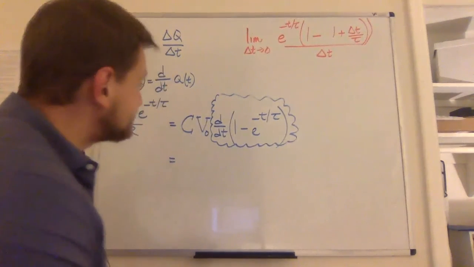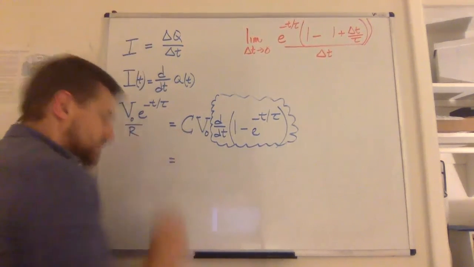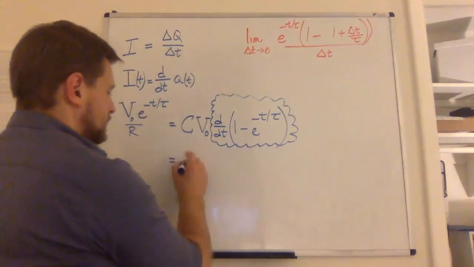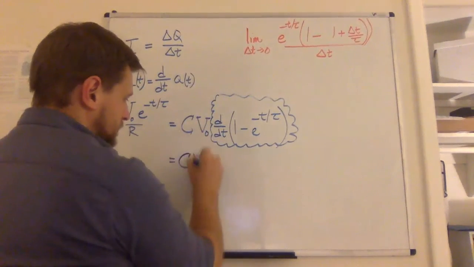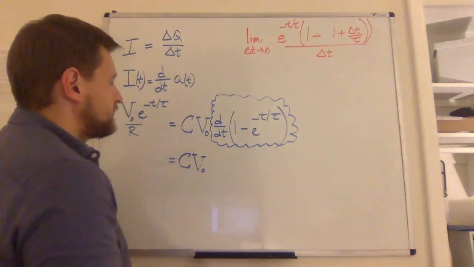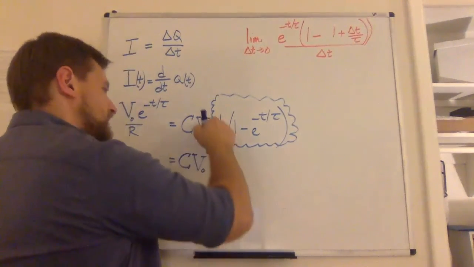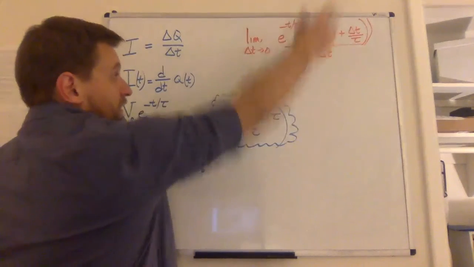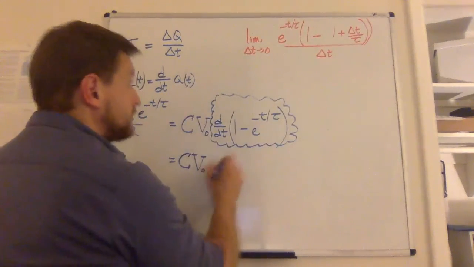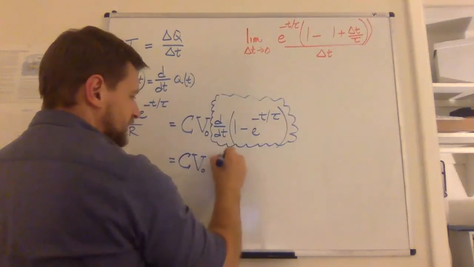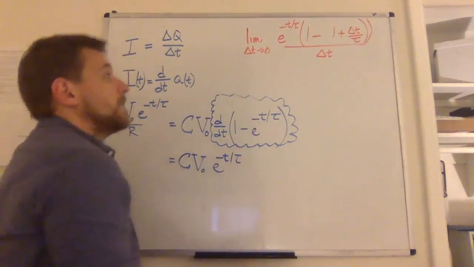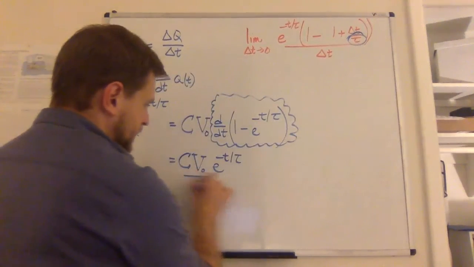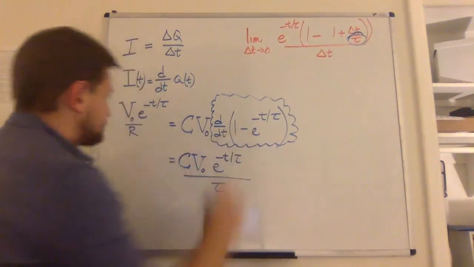So, the capacitance. The potential of fully charged. The derivative is this thing that I've been talking about. We do have an e to the negative t over tau, but this extra division by tau is really important.